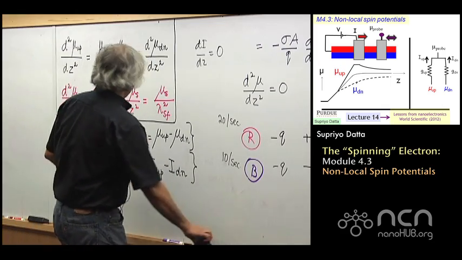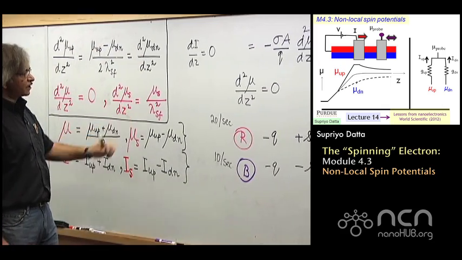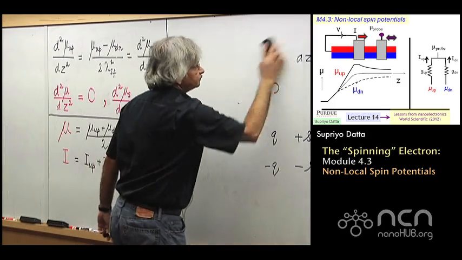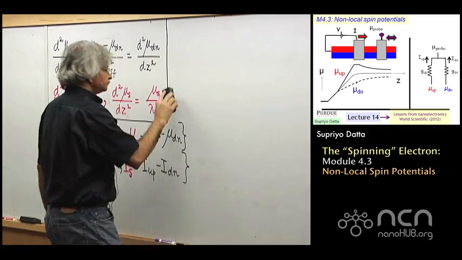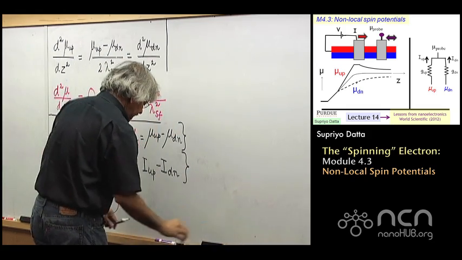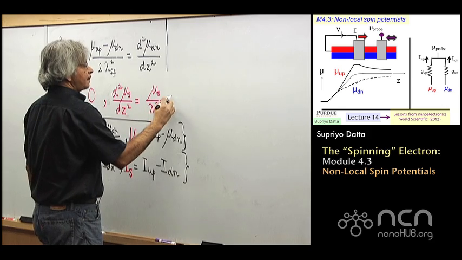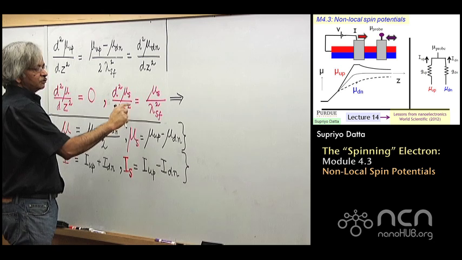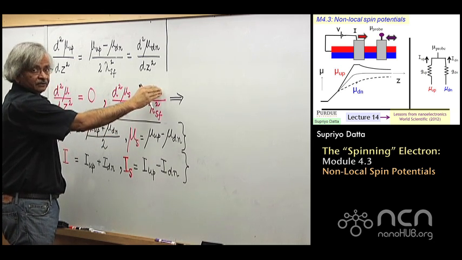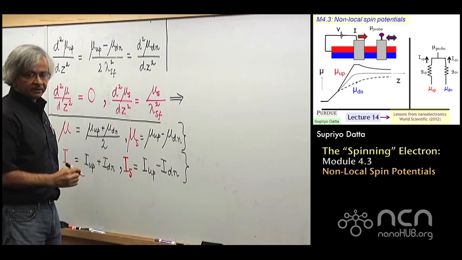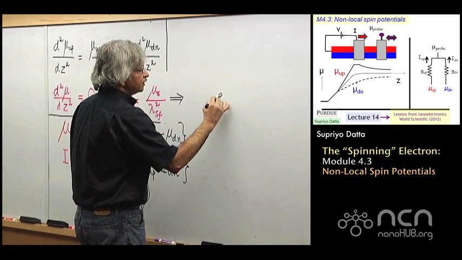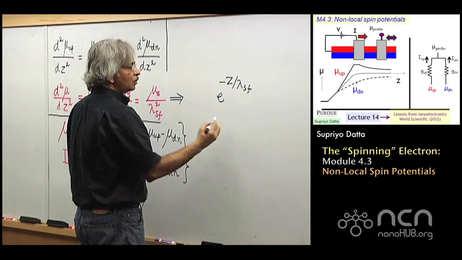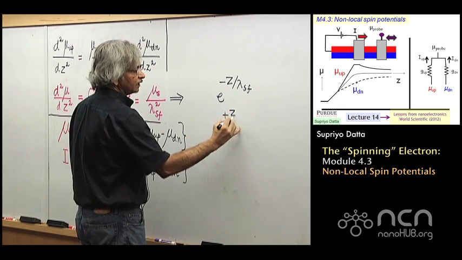And one thing that I should remind you about this differential equation is that the solutions to this equation, which we'll be drawing on, look something like this. Whenever you have d2 mu s dz2 proportional to mu s itself, the solution can be written in the form of either e to the power minus z over lambda sf or e to the power plus z over lambda sf.